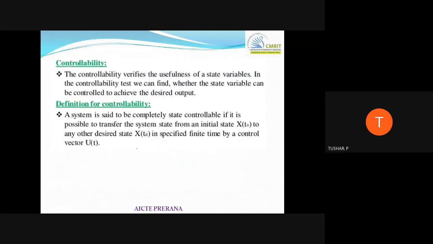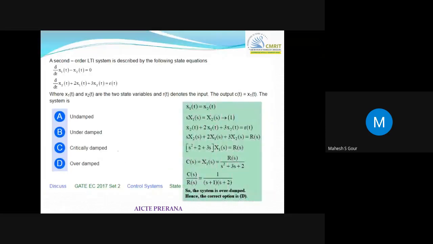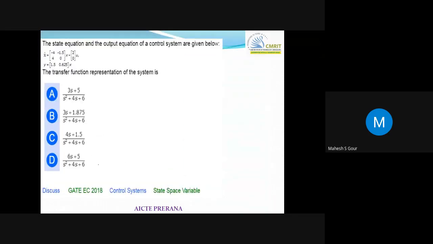Yes, sir. So we'll solve the problem. What do you get for Y(s)? (sI minus A) inverse into X(0): what is X(0) given here? X(0) is not given, so X(0) is assumed as 0.